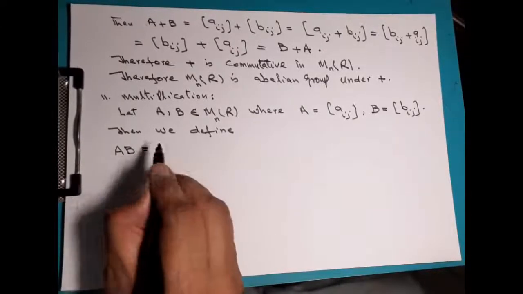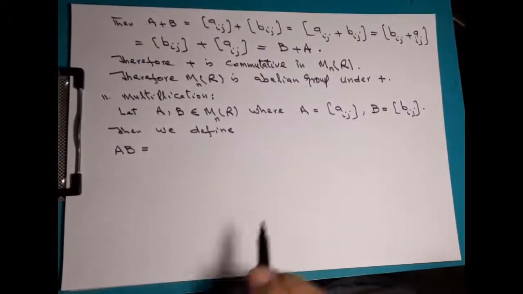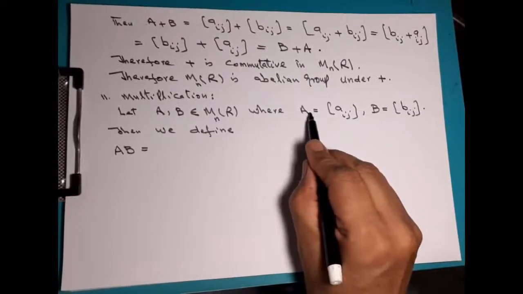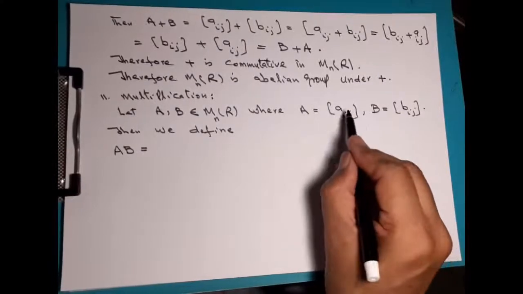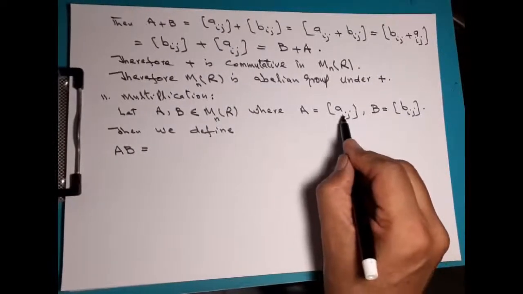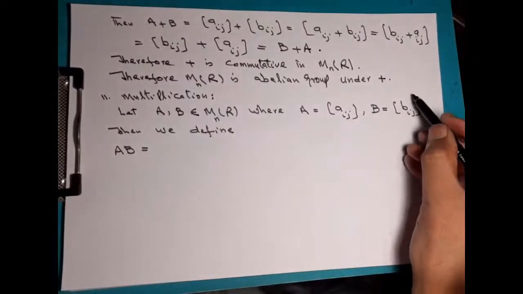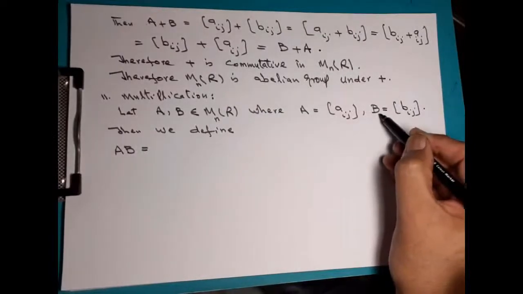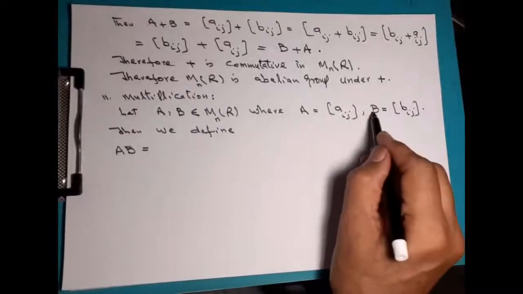Now recall that the way we define multiplication of two matrices, what we do is that we take ith row of matrix A and multiply each entry of ith row of A with corresponding entries of jth column of B, and we get ijth entry of product AB.